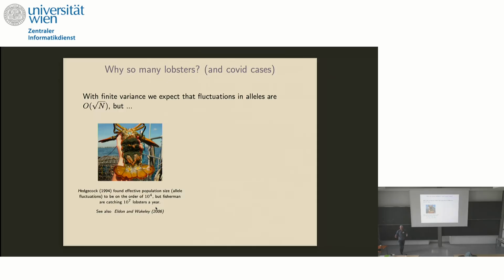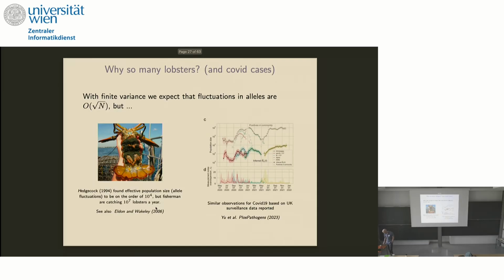But if you look at how many lobsters fishermen are bringing in, it's like 10 to the 7th. So clearly the fluctuations are much larger than you would expect from the population size. This inspired incorporating these heavy tails into population genetic models.